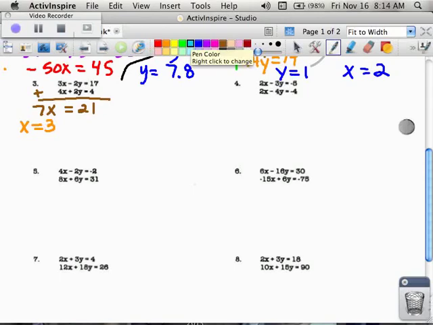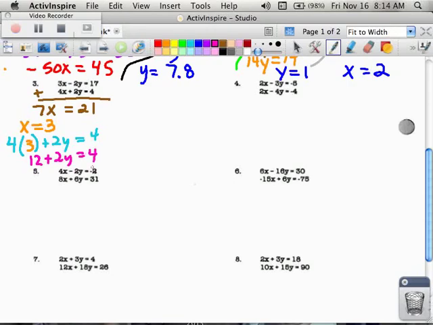Or in other words, I know that 4 times 3, which was the x value, plus 2y equals 4. So the 3 was the x, I put it in for the x, and now I'm going to solve this. And look, I only have one variable left. So 4 times 3 is 12, plus 2y equals 4.